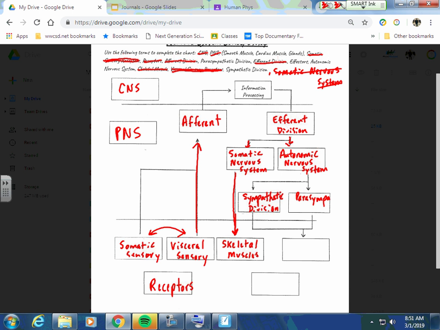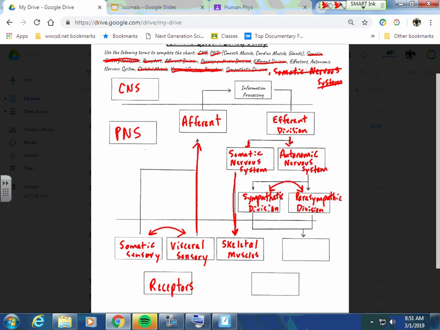This is your fight or flight. You may have heard of that before. Or in this case, parasympathetic, the rest and digest or rest and repose, they call it. Those could be flip-flopped either way. There's not a particular order to those. All right. But so that is, so we took care of sympathetic division and we took care of parasympathetic division.